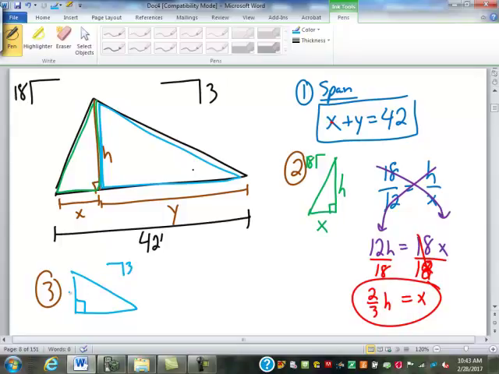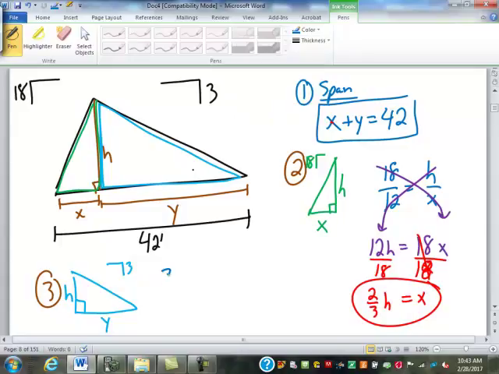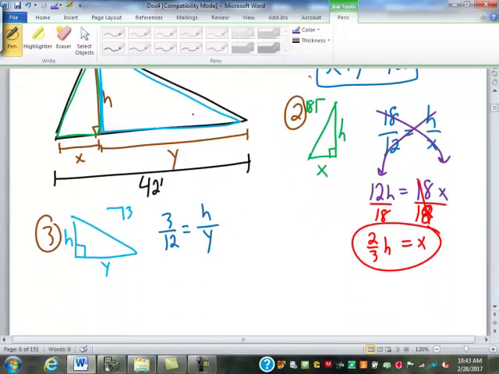0.312 slope. H and y, which of course will give us what? Okay, and then so now we cross multiply.